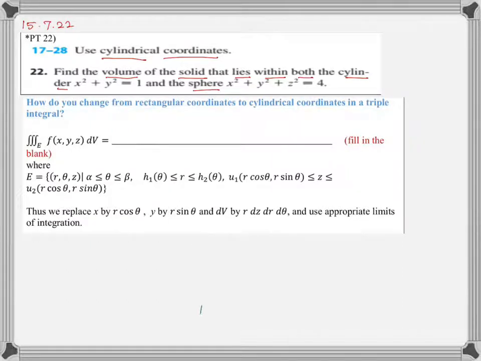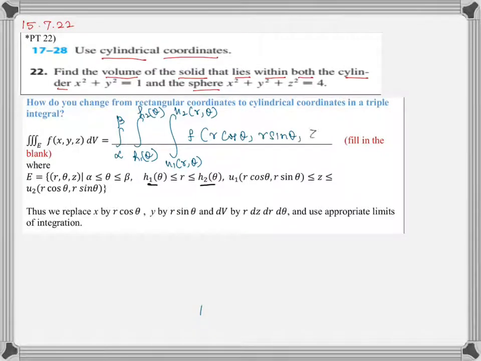The triple integral over E of f(x, y, z) dV becomes, in cylindrical, theta runs from alpha to beta, then r runs from h1 of theta to h2 of theta, and z runs from u1 of r, theta to u2 of r, theta, then f of r cosine theta, r sine theta, z, times r dz dr d theta.